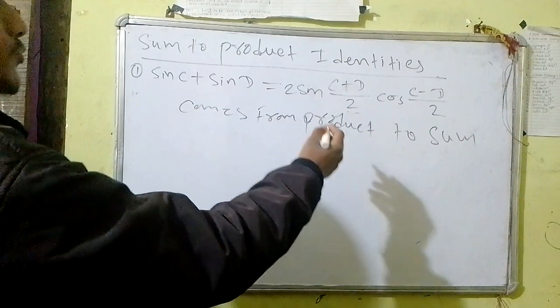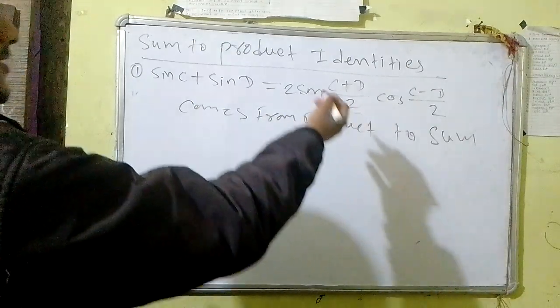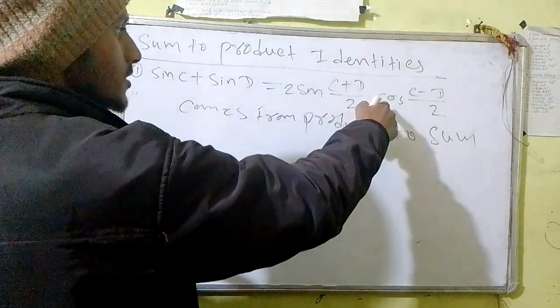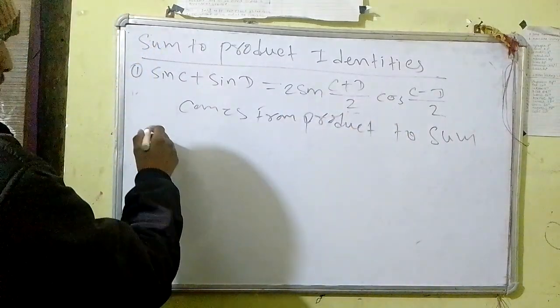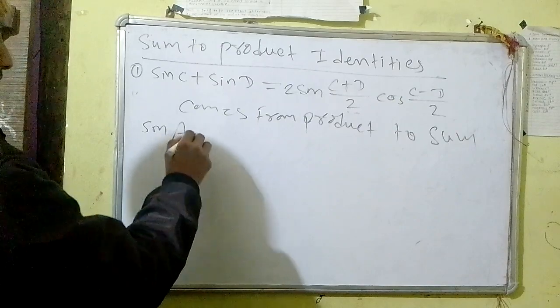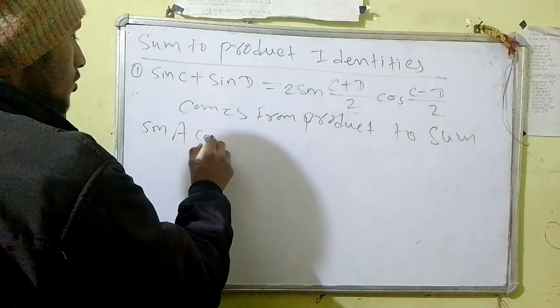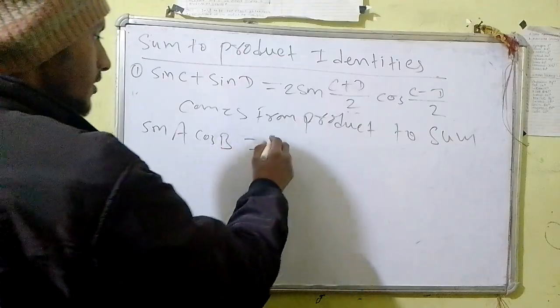Which product to sum identity is associated with this one? You can see that here we have sine and cosine. So this is associated with sine A cosine B. What is the identity of this?